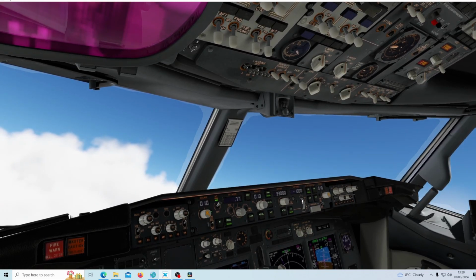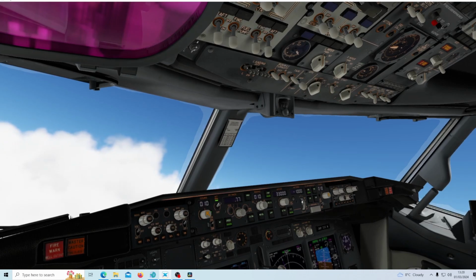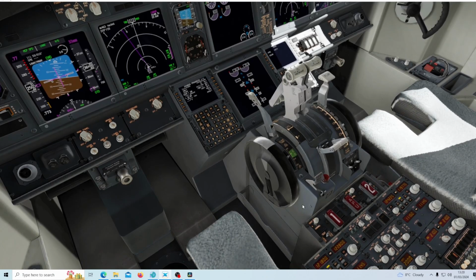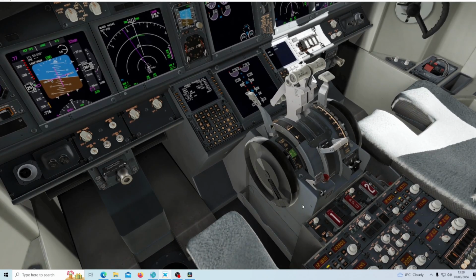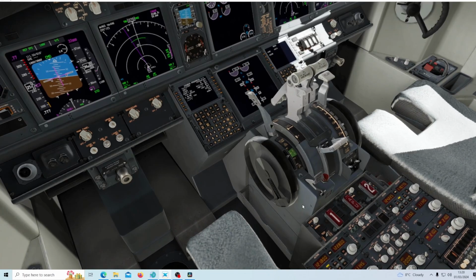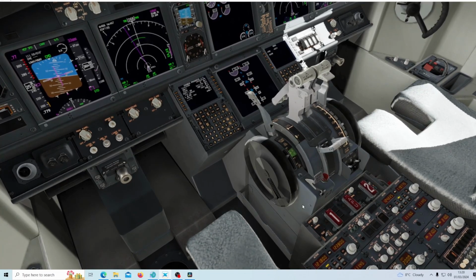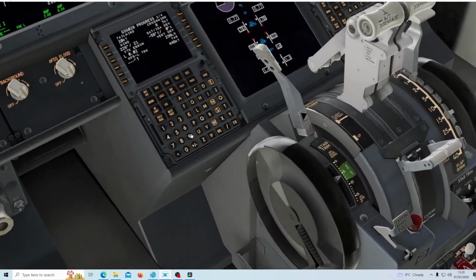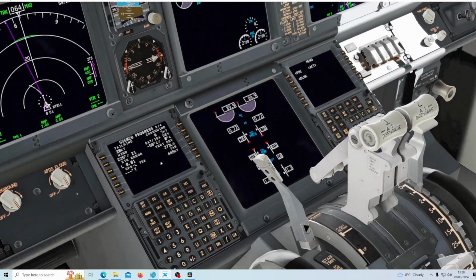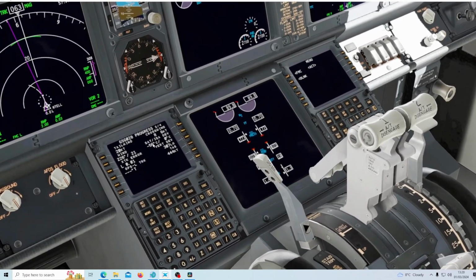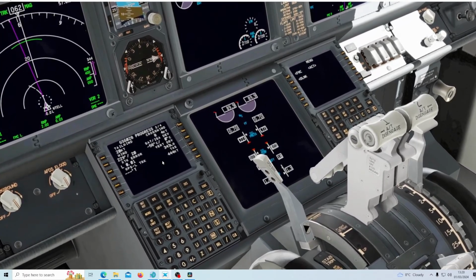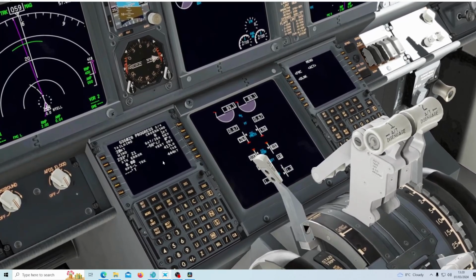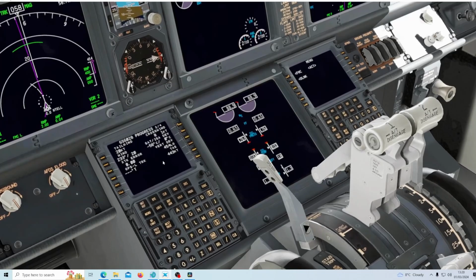That satisfies the requirement of engine anti-ice. There you are, thrust levers are coming back. As we can see, we're still cooler than minus 40, but the descent instruction says you need engine anti-ice on at all temperatures coming down.